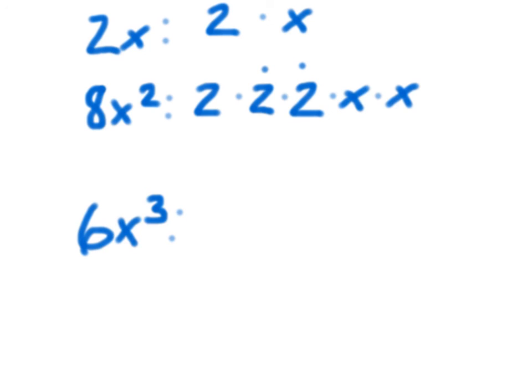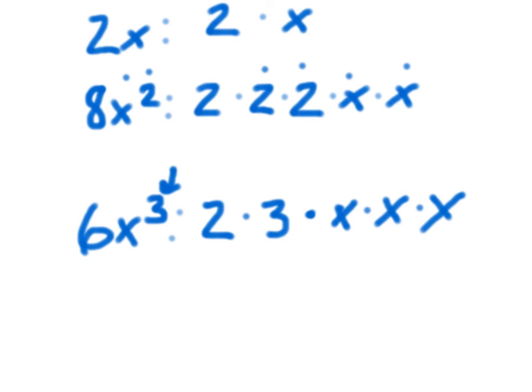And then I would break the x's down because I need 2 x's, because my exponent is 2. Let's see, 6x cubed, or 6x to the third power. I would break that down into 2 times 3, and then I can see that I've got 3 as my exponent, so I'll need 3 x's.